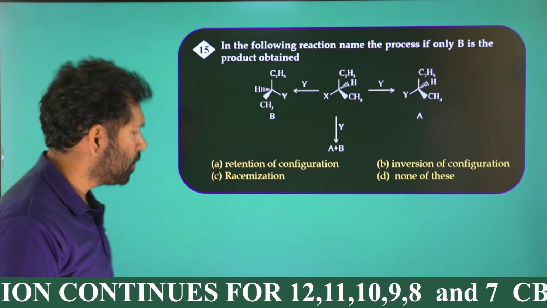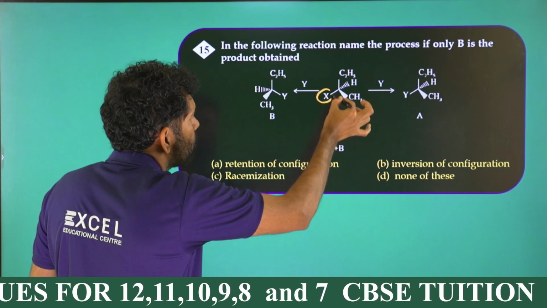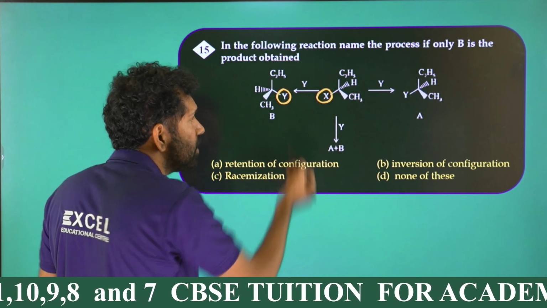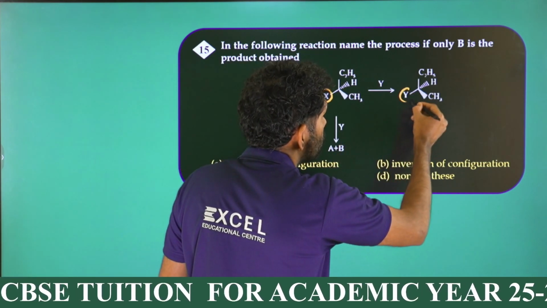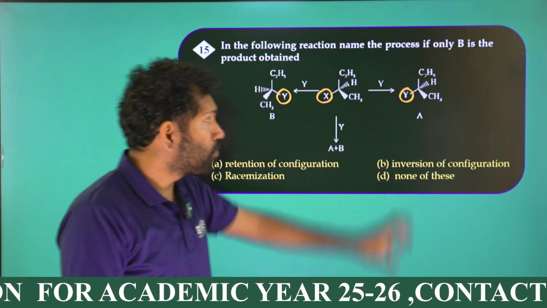Wait, here you can see in this particular compound the X is replaced by Y. This is a nucleophile, the Y is replacing X. Here also X is replaced by Y. Remember, now we will compare both. This is the reactant and this is the product.